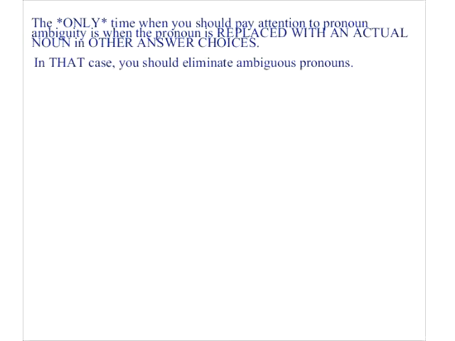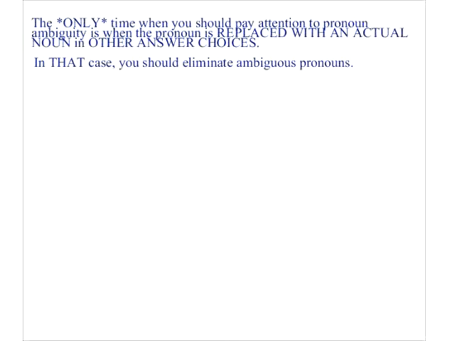So let me give you a couple of examples. These are problems from the OG verbal supplement, but they've also appeared in GMAT prep, which makes them legitimate to use here.